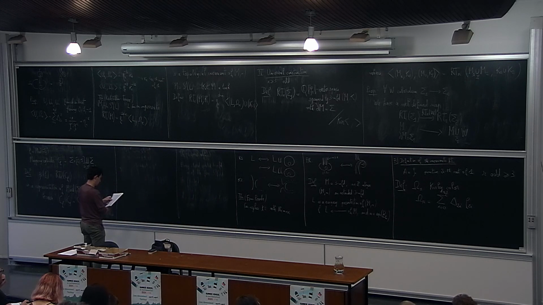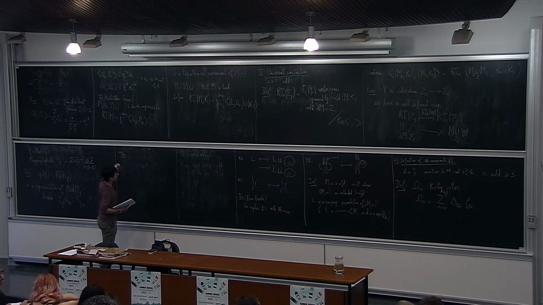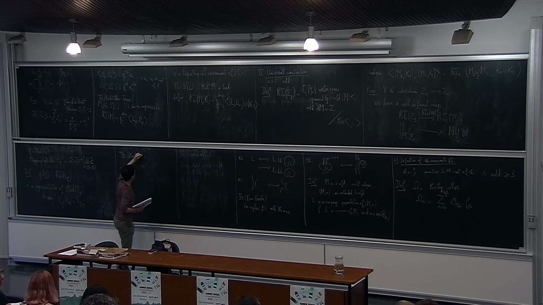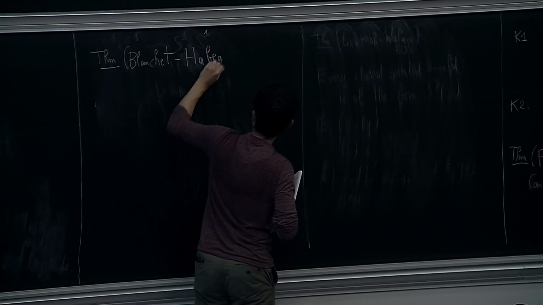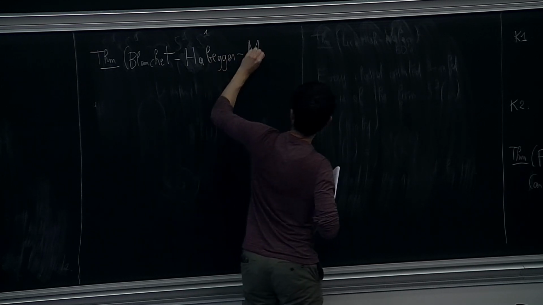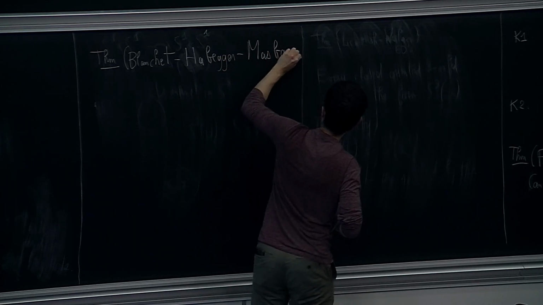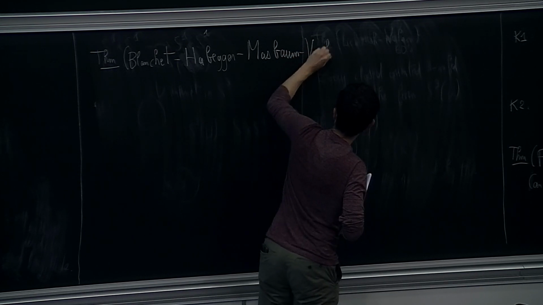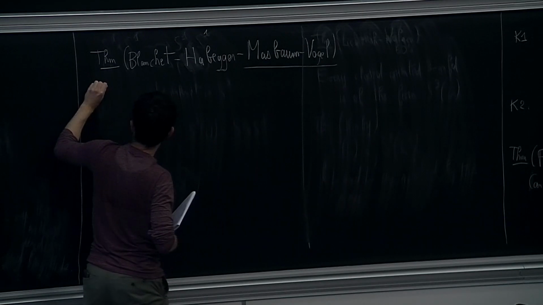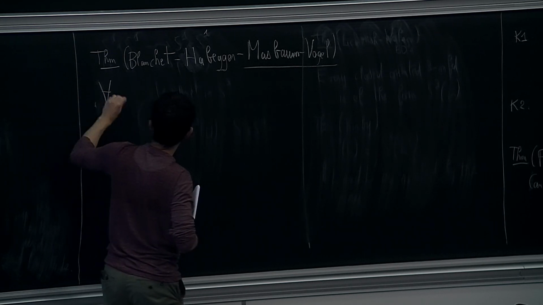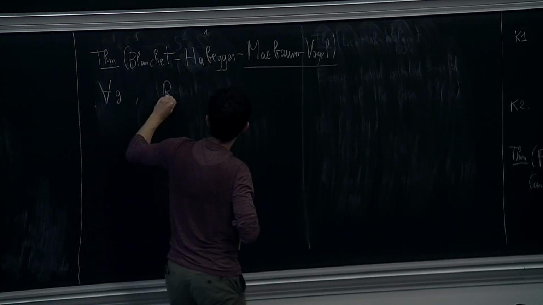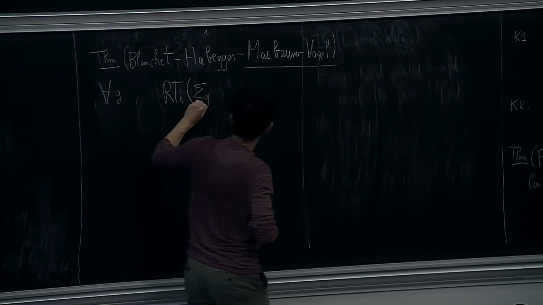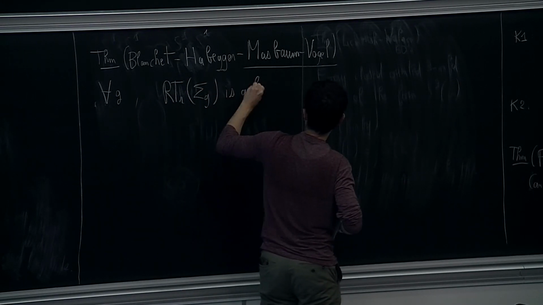So the main theorem, and with this construction, it would be a theorem of Blanchet, Habegger, Masbaum, and Vogel: for any g, RT_r of Sigma_g is a finite dimensional vector space.